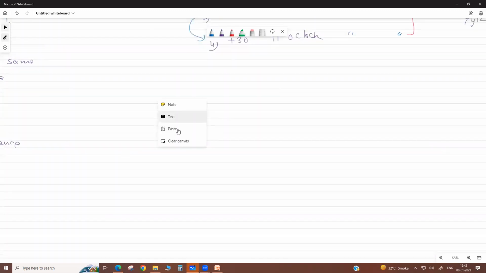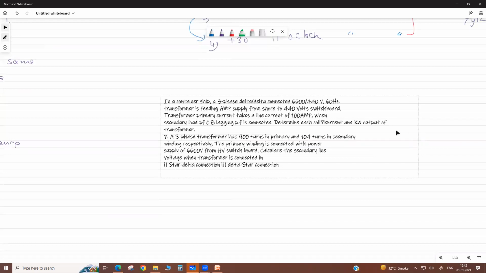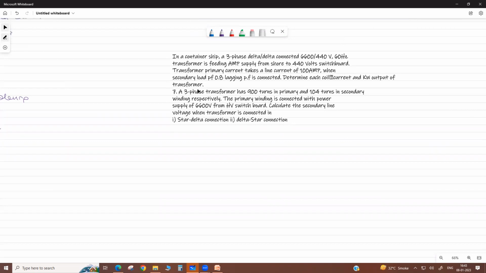I already put this parallel conditions, desirable and essential, in the group. One day. So see this sixth question. This is seventh.